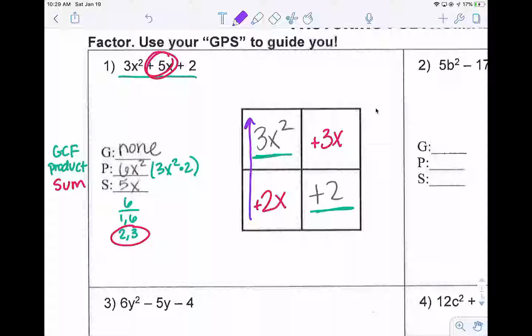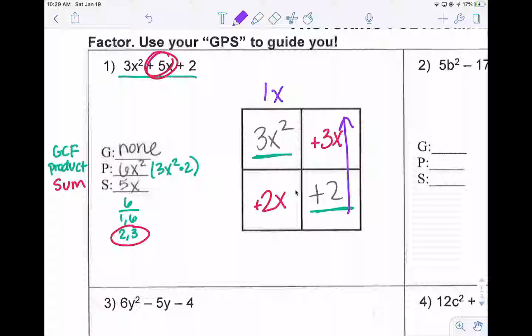So I'm going to see what they have in common. So 3x squared and 2x, they don't have any common numbers, so 3 and 2 don't really share any numbers, so we can use a 1 as a placeholder, but you don't have to. And then x squared and x share an x. So there was an x that was multiplied into both of these boxes.